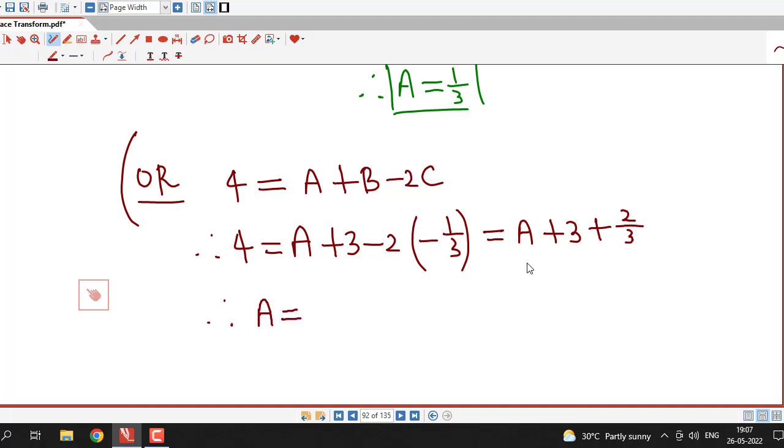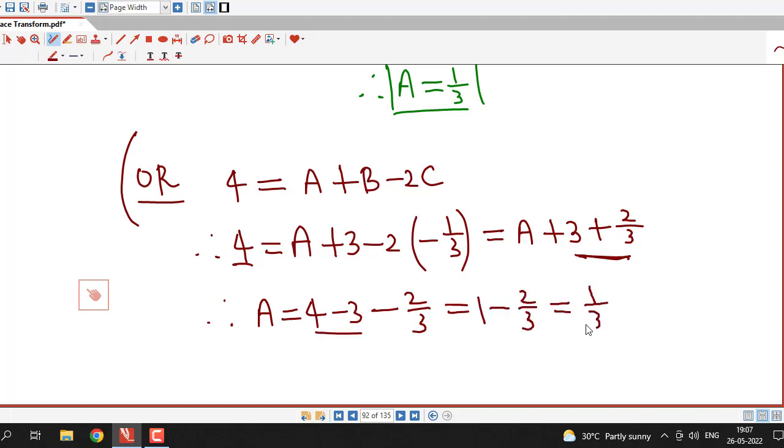Therefore the value of A equals, we take these two terms to this side, that is we subtract them from 4, so 4 minus 3 minus 2 by 3. 4 minus 3 is 1, so I have 1 minus 2 by 3, that is 1 by 3.